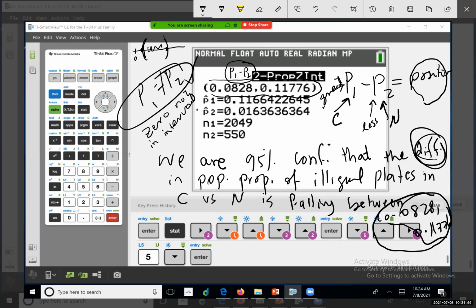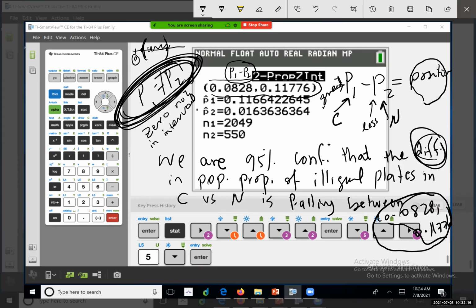No. So if zero was in the interval, then that means P1 minus P2 was 0. When two numbers' difference is 0, it means they are equal to each other. Means P1 should have been equal to P2. In this case, 0 is not in it, so that means they are never equal to each other. So that's guaranteeing that the proportions are different. Make sense?